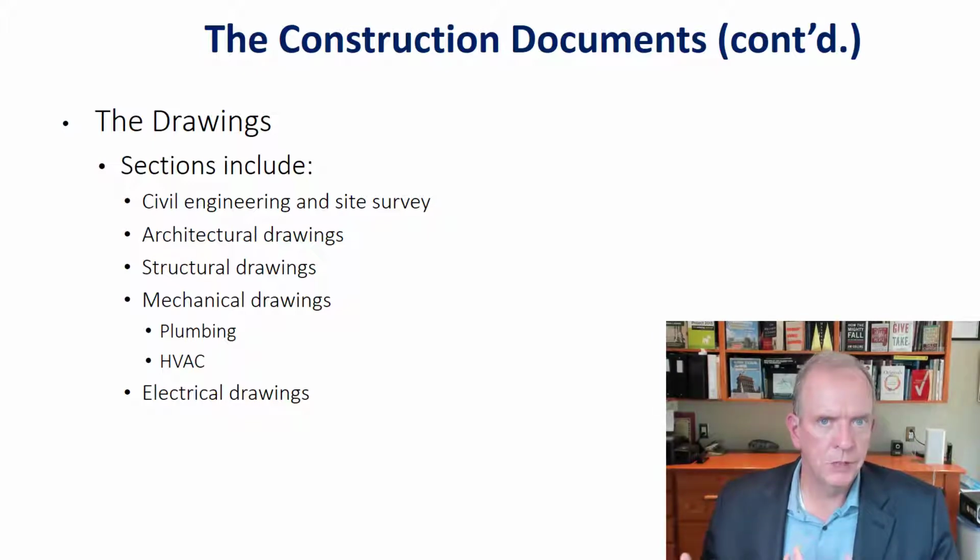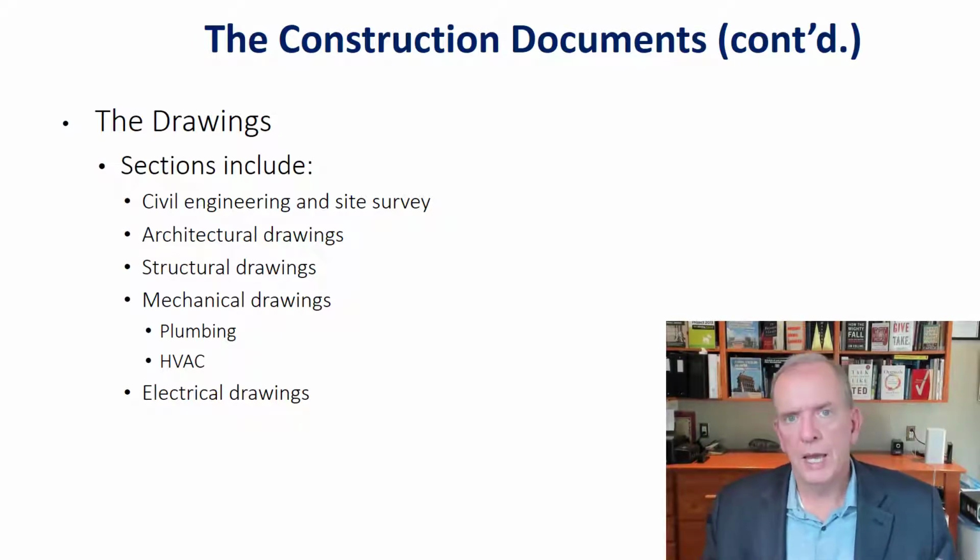You don't want to be putting the information that's in the specifications on the drawings. It's just going to crowd out the drawings. You're not going to see anything. There's already enough information on the drawings. So it's why we use abbreviations and symbols and things of that nature on drawings, and it's why we have the specifications to detail out the information regarding the general information, the products themselves, and the execution.